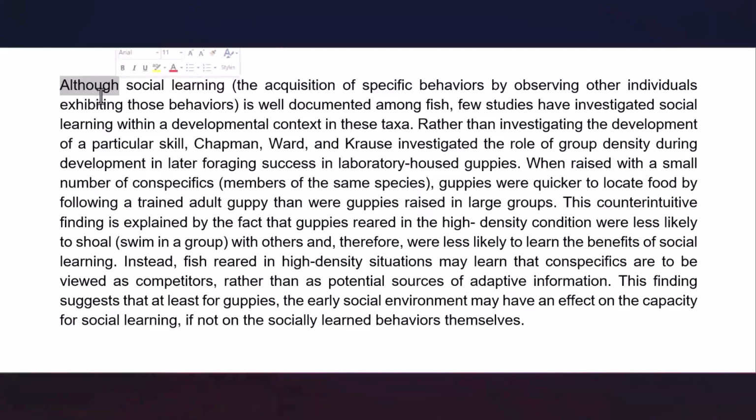The author begins the sentence while making a concession. The author actually acknowledges that social learning among fish is well studied and well documented, but few studies have investigated social learning within a developmental context.